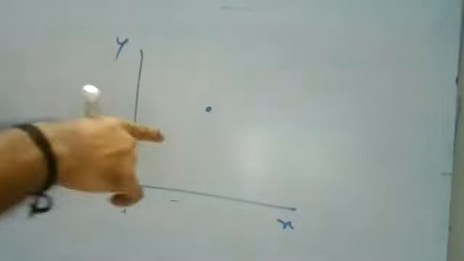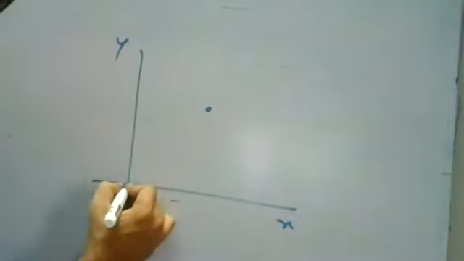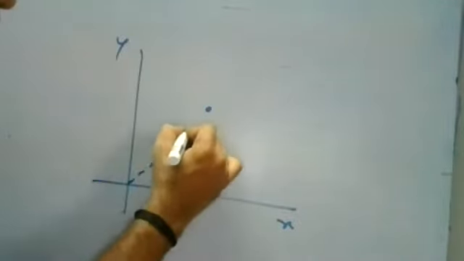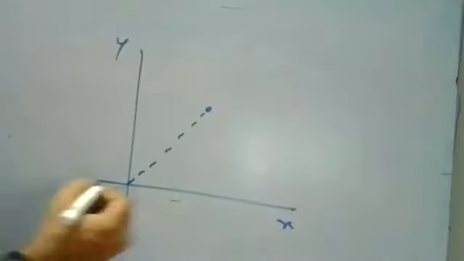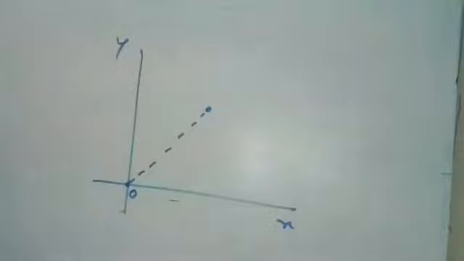When we mention this object's position from the origin, this vector is called the position vector. So these are your types of vectors.